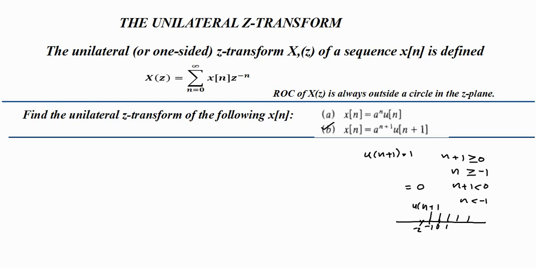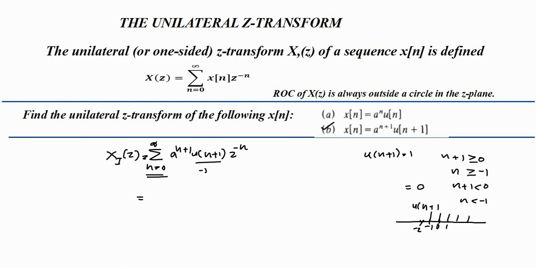But an interesting thing: the one-sided Z transform X1 of z, we will evaluate only from n equal to 0 to infinity. So the sum from n equal to 0 to infinity of a raised to n plus 1 into u of n plus 1 into z raised to minus n. Actually this u of n plus 1 signal exists from minus 1 onwards, but we are evaluating the summation only from n equal to 0 onwards.